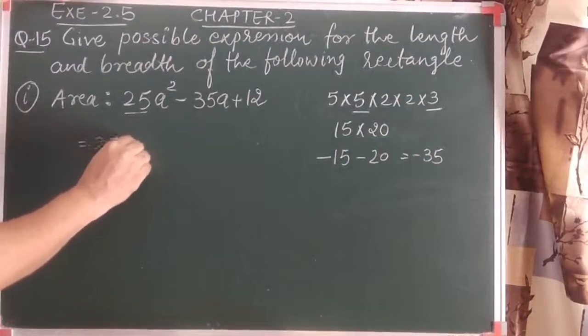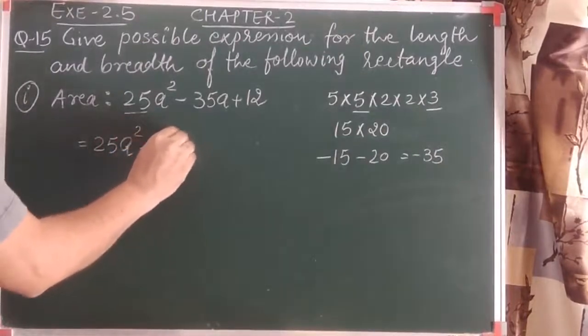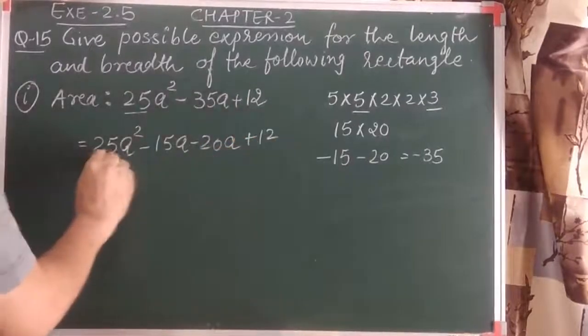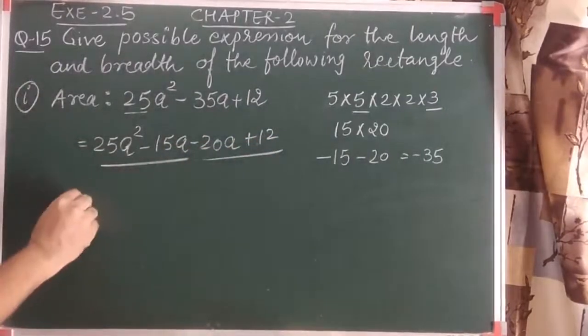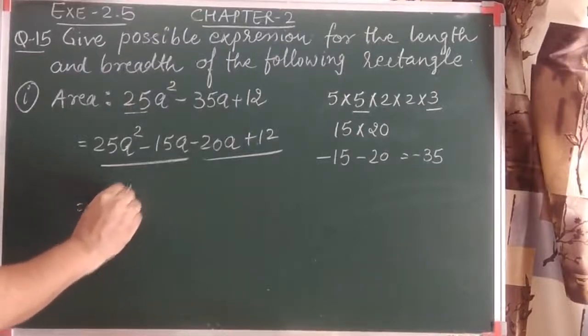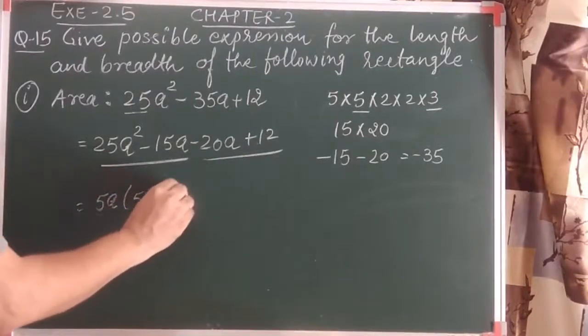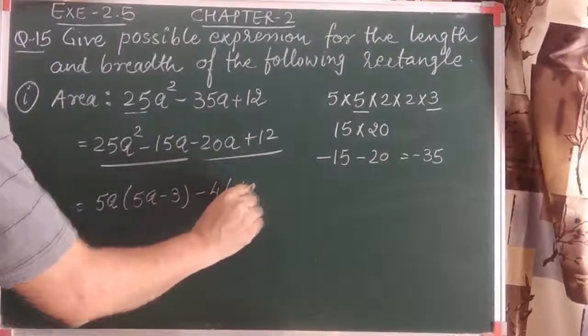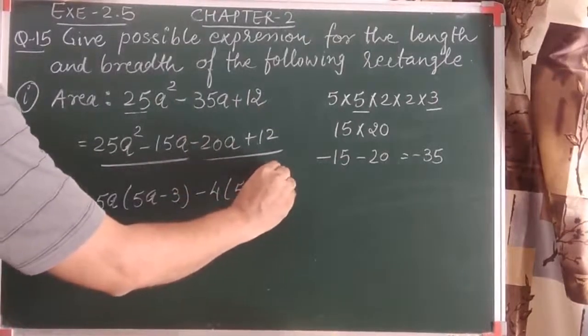So 25a square minus 15a minus 20a plus 12. Take out the common from the first two and last two. You can see that 5a is common, so it remains 5a minus 3. Here minus 4 is common. I have taken out minus, so the sign has to be changed.